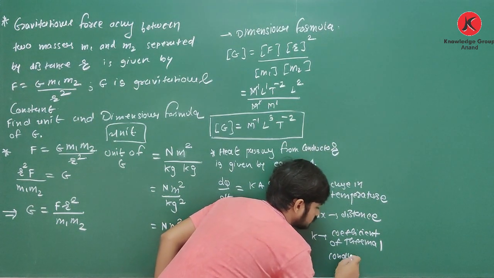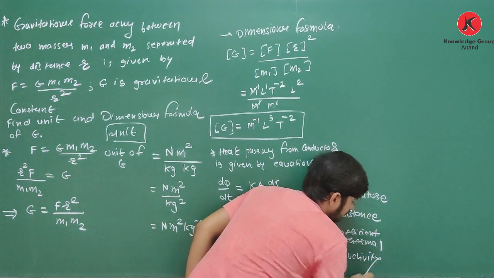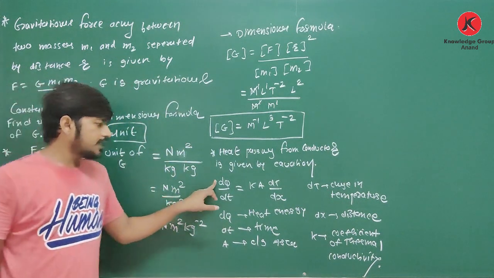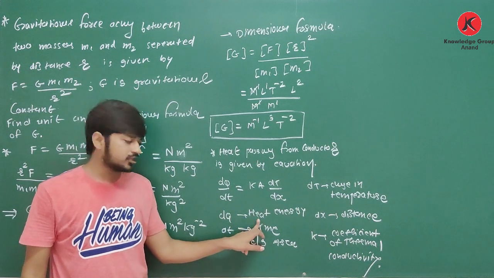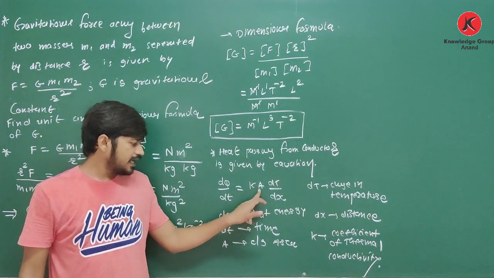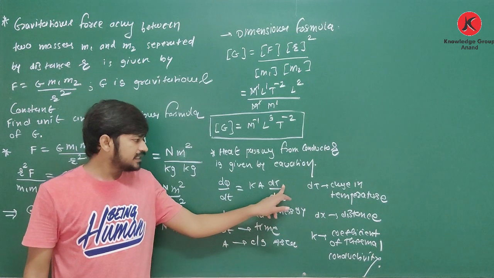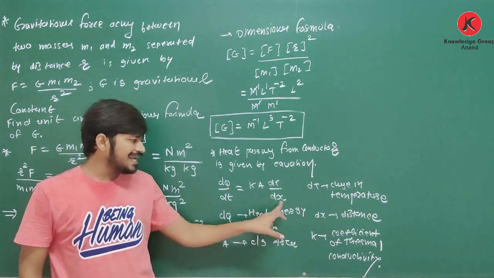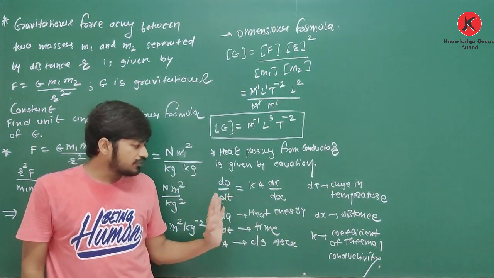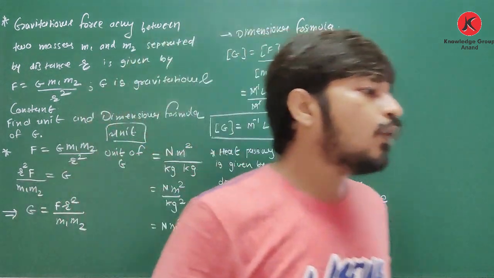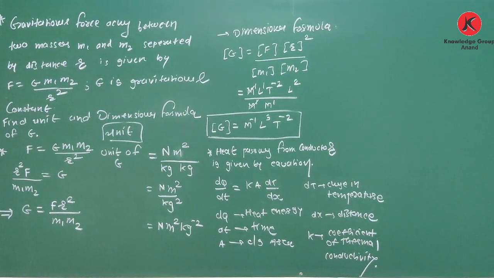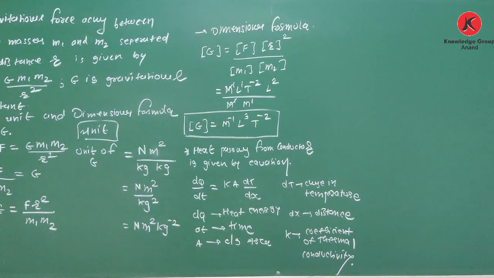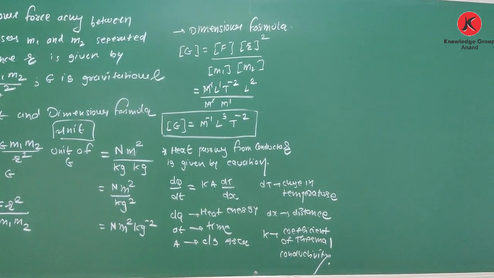So you are given one equation: dQ upon dt is equal to K A dT upon dx. Now what is your question? Your question is to find the dimensional formula of the coefficient of thermal conductivity.